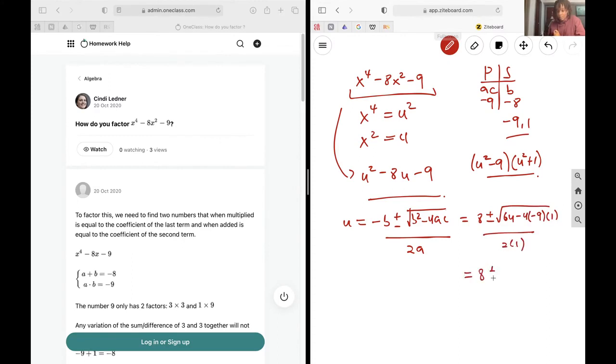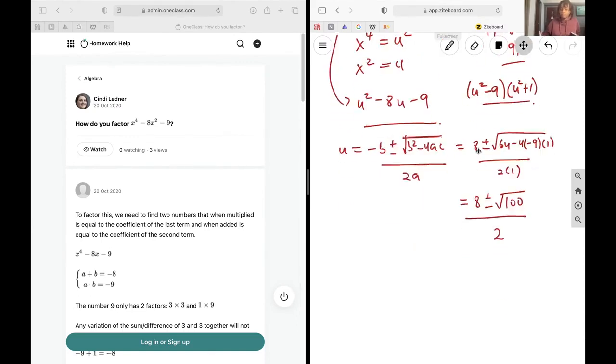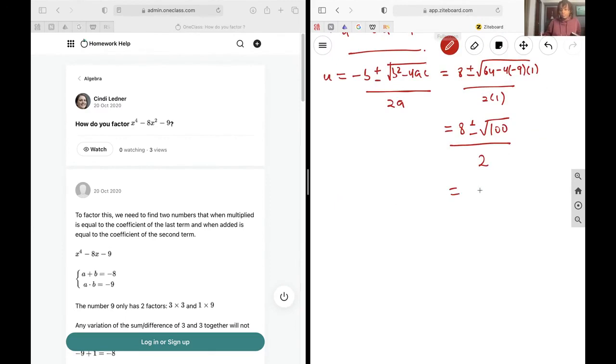So this will become 8 plus or minus the square root of 100 all over 2. And this will become 8 plus 10 over 2, so 18 over 2, and that is going to be 9. Or 8 minus 10 over 2, which is negative 2 over 2, which is negative 1.